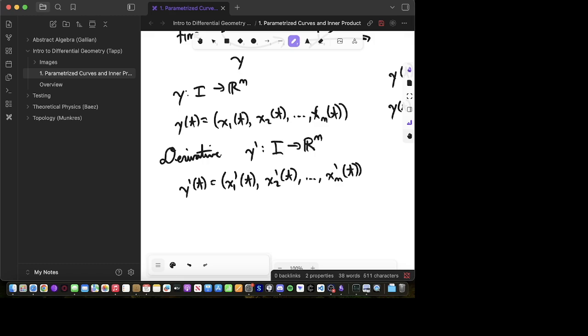Now, if we recall, this means taking the derivative of the function x1 with respect to t.